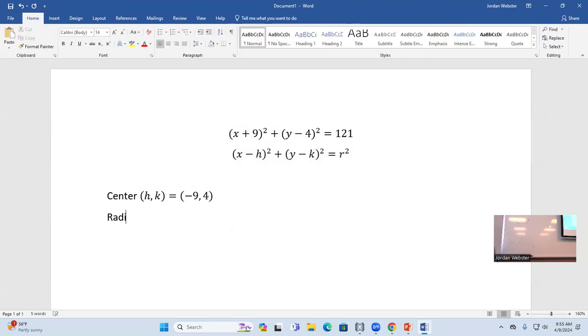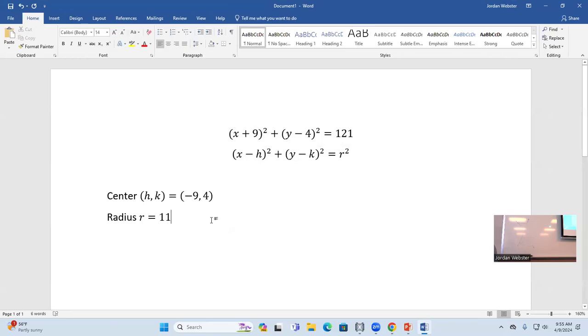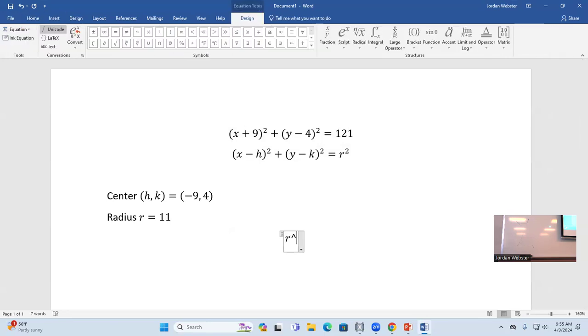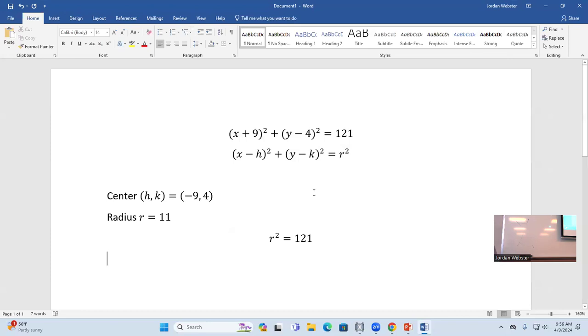And then the radius is going to be R. And if I know R squared is 121, then I can take a square root of both sides. And radius is always going to be a positive number.